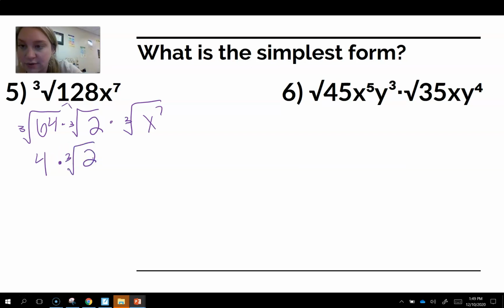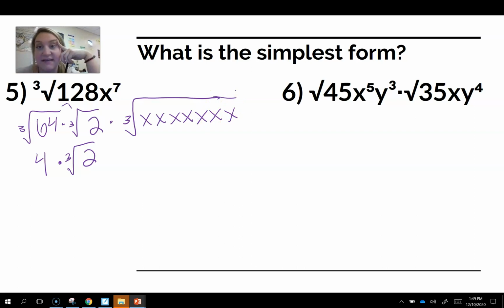Now the cube root of x to the 7th. Well, let's think about what that means. That means that I have 1, 2, 3, 4, 5, 6, 7 x's underneath my radical. The cube root tells me how many of each I need to bring one of them out. So here's 3 x's, so 1 x is going to come out.